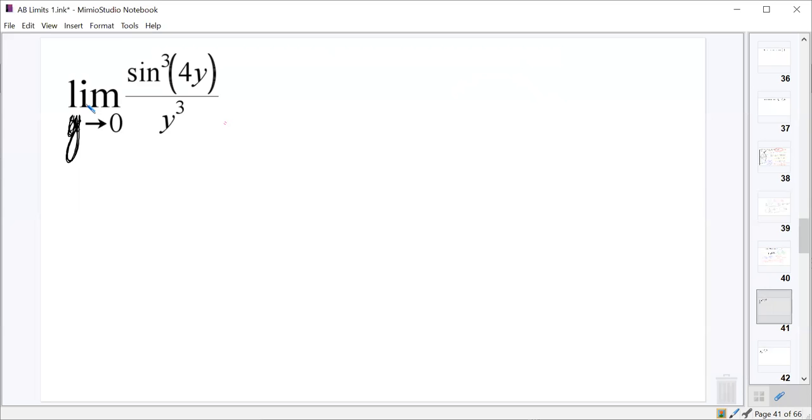Any thoughts on the first step? You could pull the exponent out. All right, yeah, they're both being raised to the third power, right? So I could say, and you don't need to do this in 2 steps, but I'm going to do it in 2 steps: sine 4y over y, cubed.